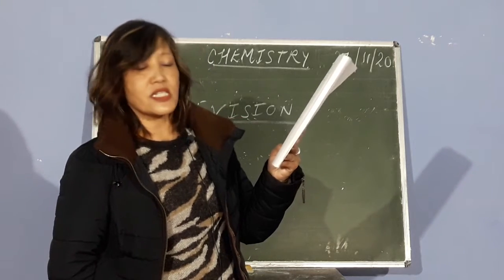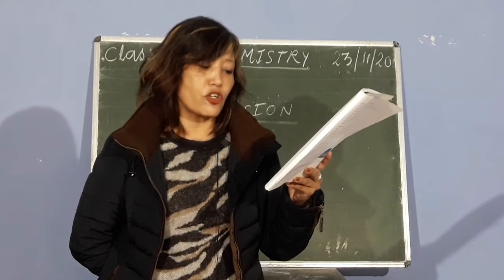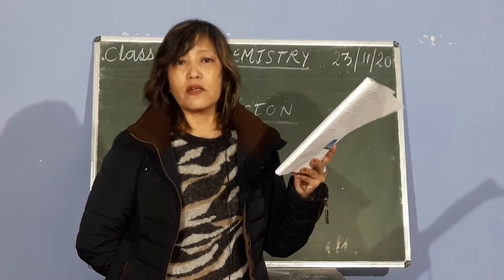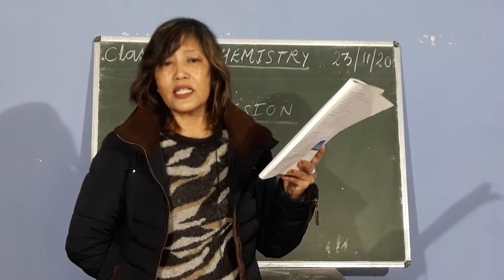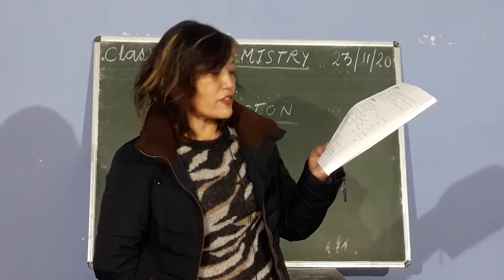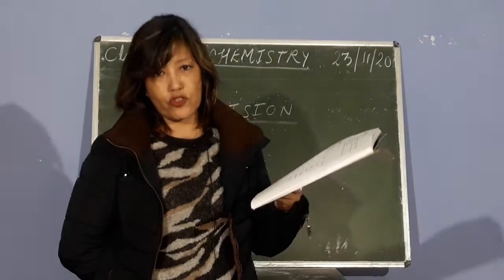So the answer is dust. Then number 6, dash are burned to cook food, generate heat and run vehicles. So what are burned to cook food? It is fuels. Then number 7, the blanket of air that surrounds the earth is called the atmosphere.